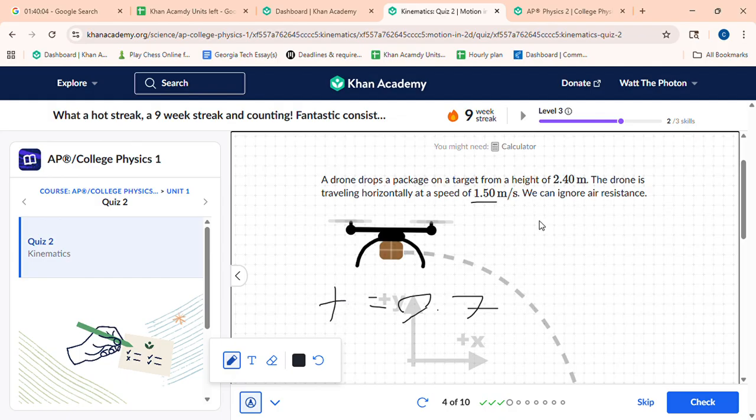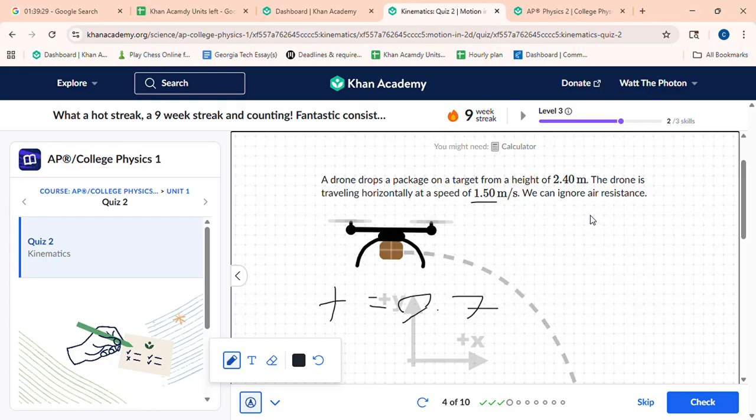It's horizontally from a speed of 1.5. So if time is equal to 0.7, v naught is equal to 1.5, acceleration is equal to 0, and we try to find delta x. So we know delta x is going to be equal to v naught, so 1.5 times 0.7 plus 1/2 acceleration, which is 0, t squared, so all that doesn't matter.